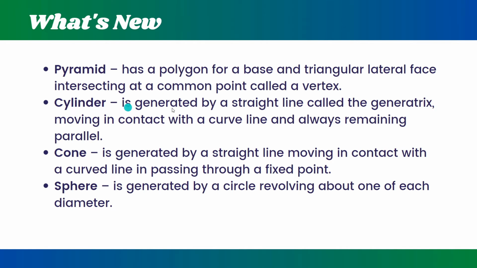Cylinder is generated by a straight line called the generatrix, moving in contact with the curved line and always remaining parallel. Cone is generated by a straight line moving in contact with a curved line in passing through a fixed point. Sphere is generated by a circle revolving about 1 of each diameter.